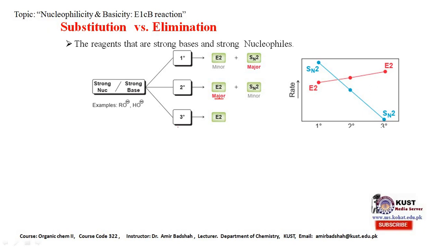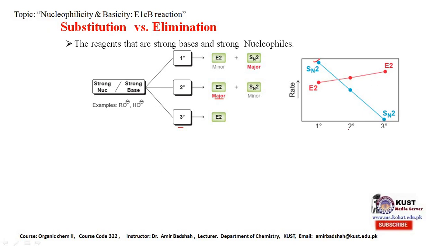But if the substrate is tertiary, then the reaction will follow solely the E2 mechanism, as shown here. The rate depends upon the substrate. If it is primary, then both SN2 and E2 are possible, but the rate of SN2 will be higher.